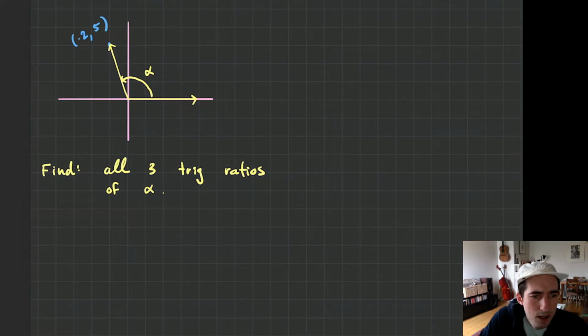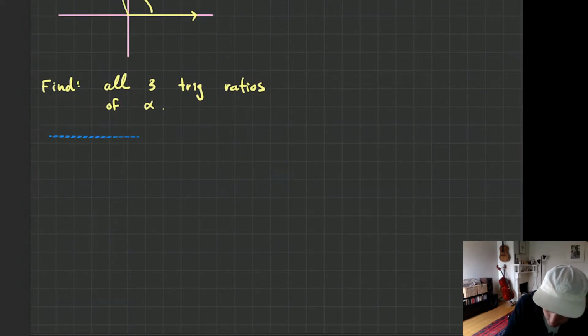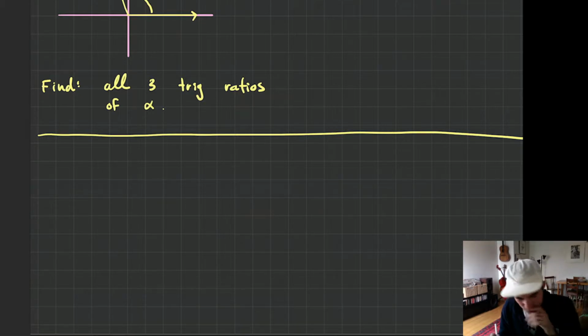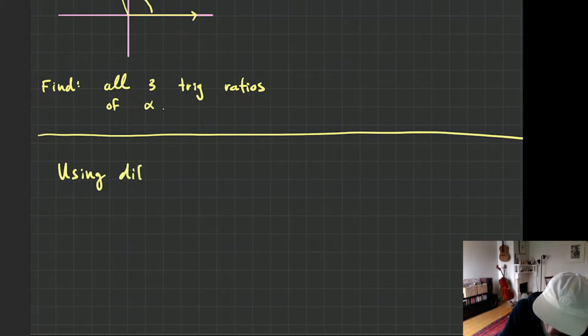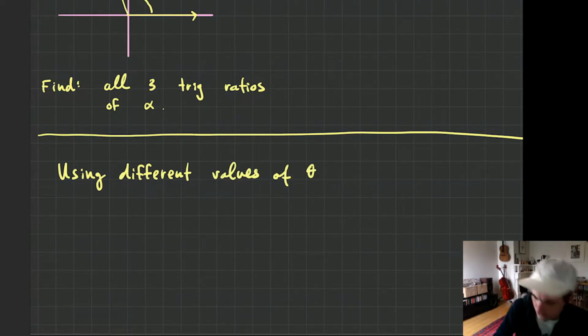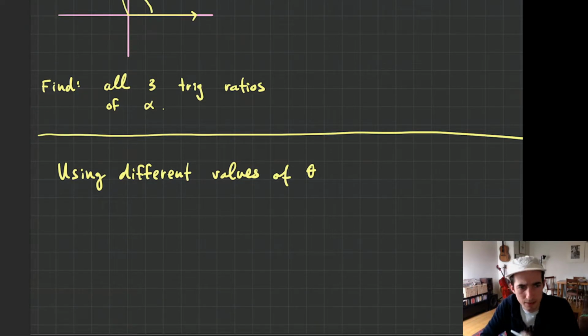Okay, I wanted to cover this question here. This is a really good question. I want you to think about this one for a minute. So using different values of theta, you're going to have to come up with some of your own different angles.